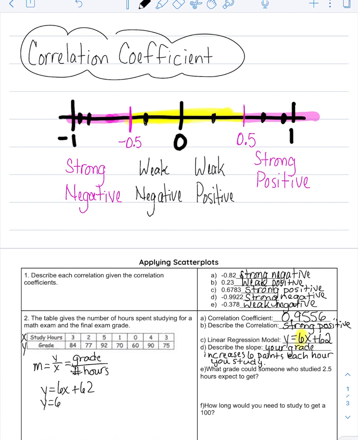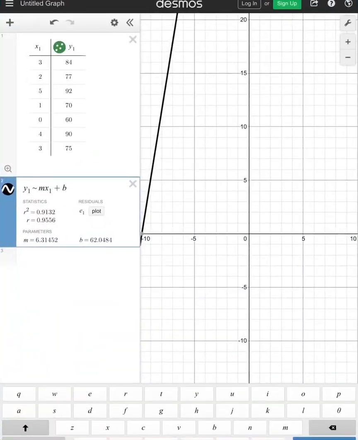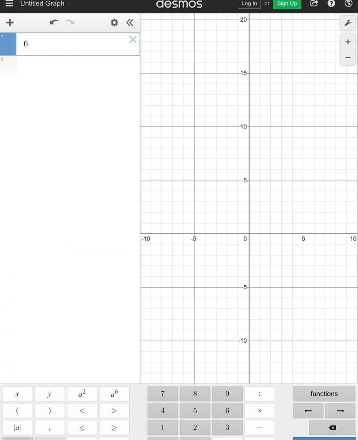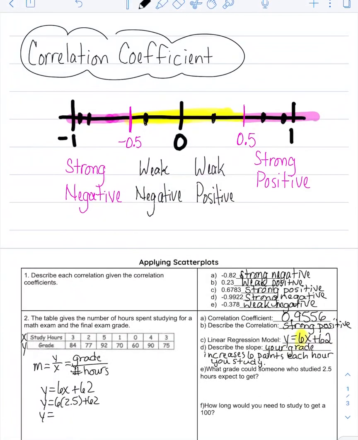How many hours do we want to study? y equals 6 times 2.5 plus 62. I'm going to use my calculator just for accuracy. 6 times 2.5 plus 62 is 77. So a person who studies 2.5 hours can expect to get a 77 on their test.